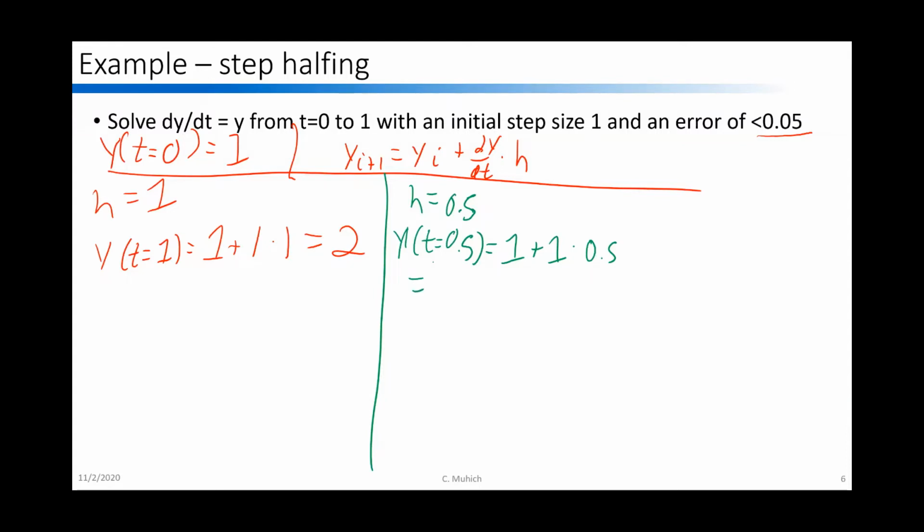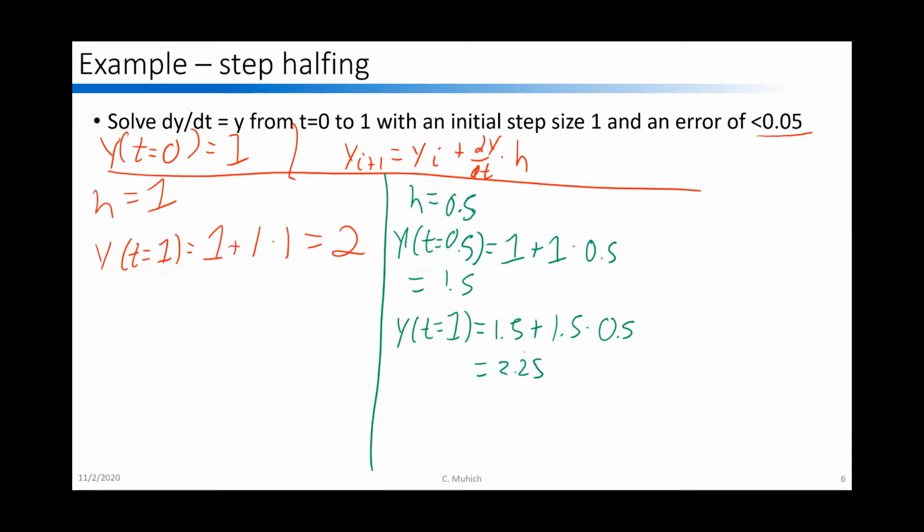This equals 1.5. So now I need to go to my second step at t equals 1. It is my previous step, 1.5, plus my derivative, which is 1.5, times my step size of 0.5. We can do out the math, and this will equal 2.25.